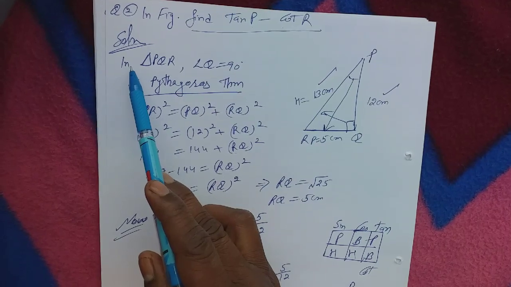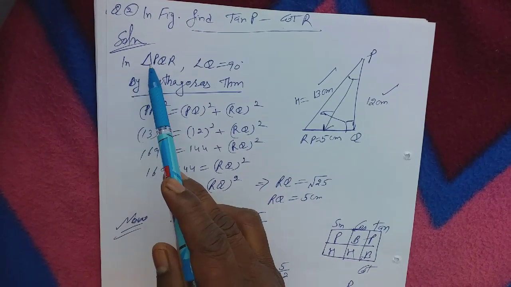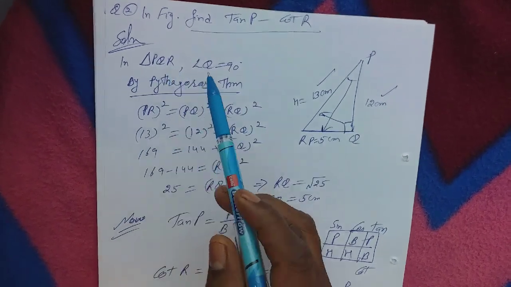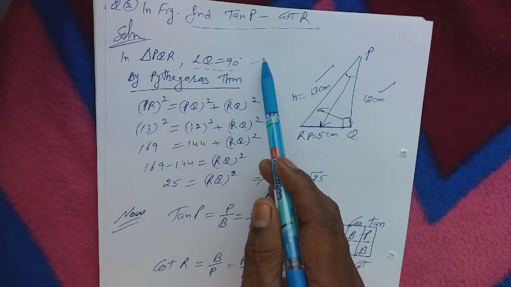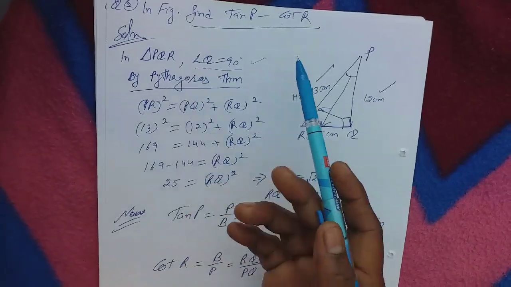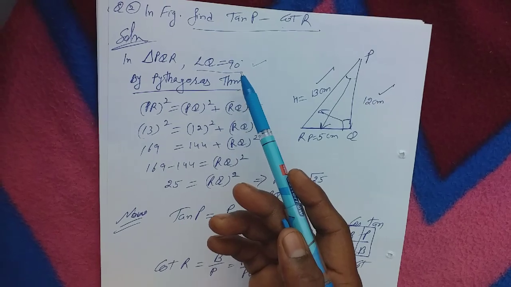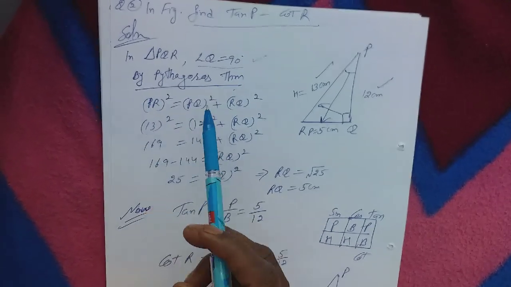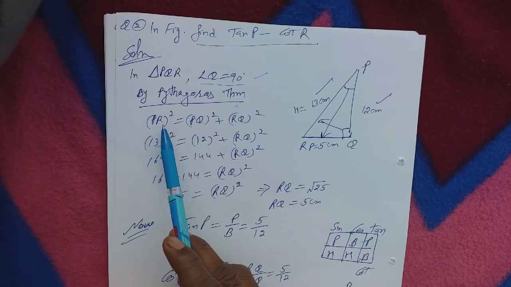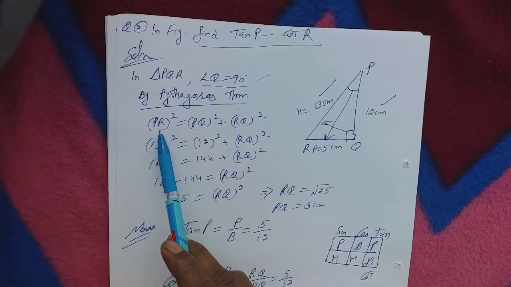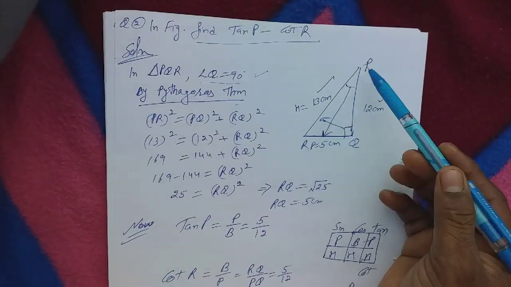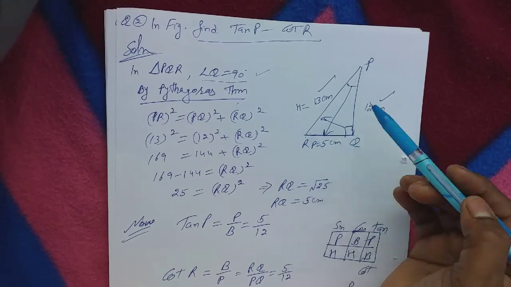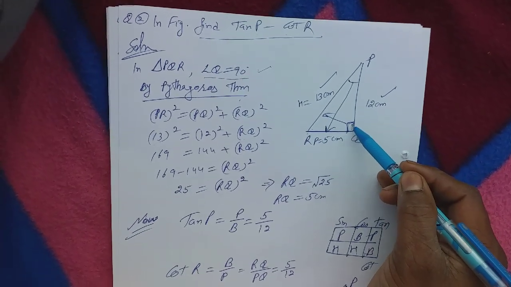So first, in triangle PQR in which angle Q is 90 degree. If in any triangle one angle is 90 degree, then we will use the Pythagoras theorem. According to the Pythagoras theorem, square of hypotenuse, so hypotenuse is PR, opposite to 90 degree.